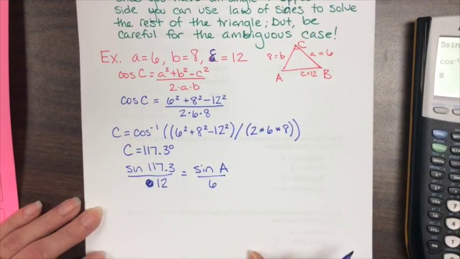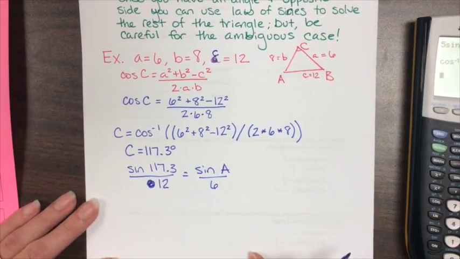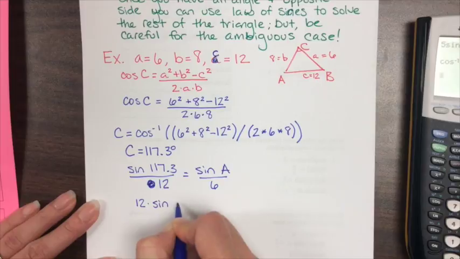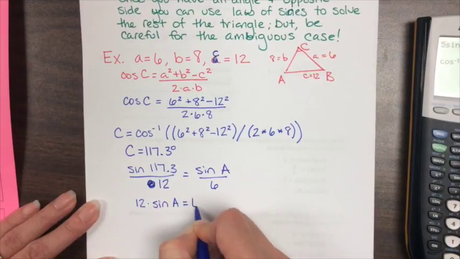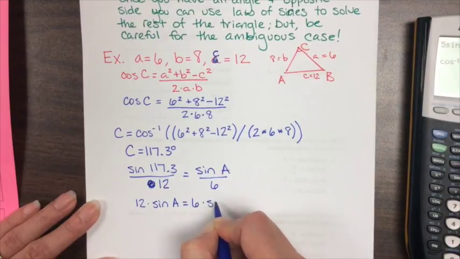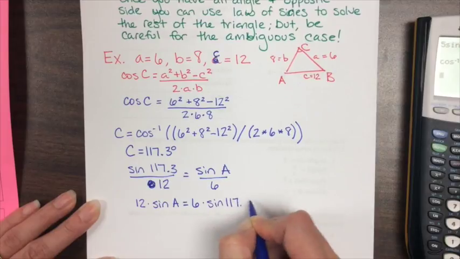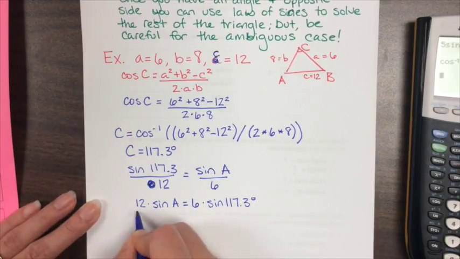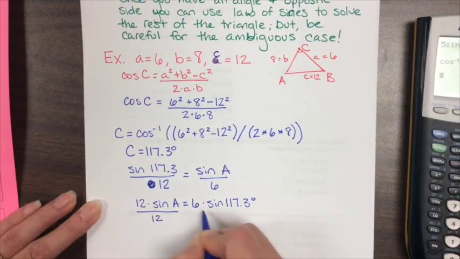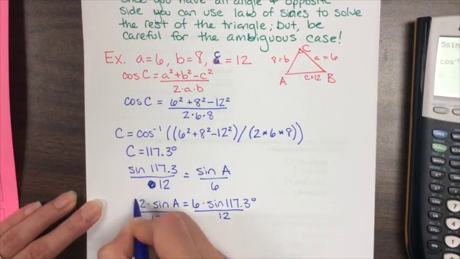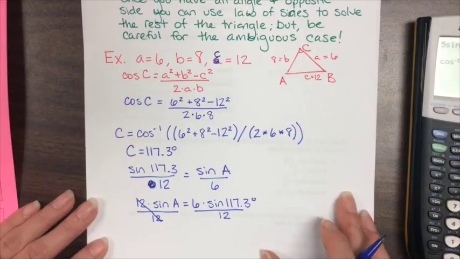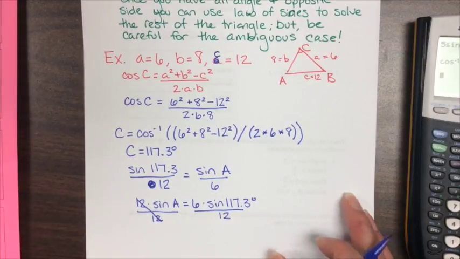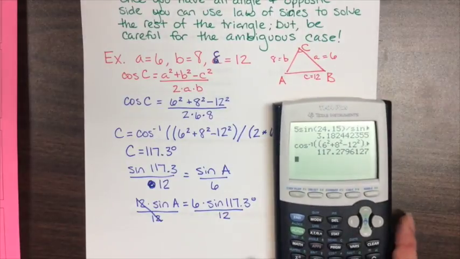We're going to cross multiply and divide. We find that 12 times sine of A equals 6 times sine of 117.3 degrees. Divide both sides by 12. That will isolate the sine of A. We need to use inverse trig functions again.